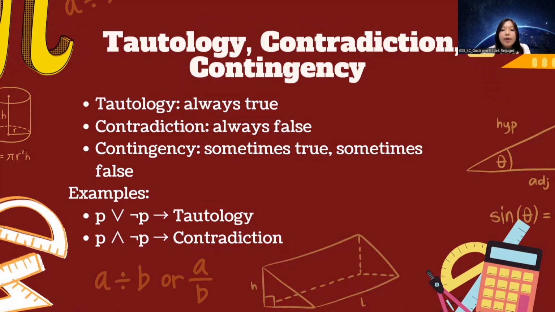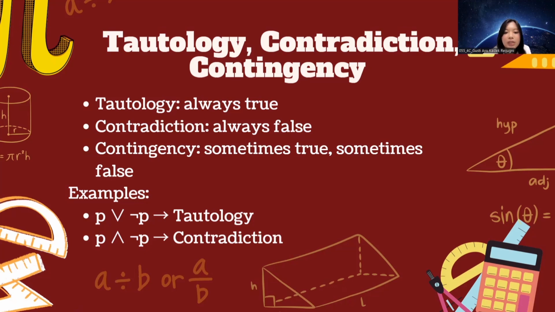Now we have three important concepts. A tautology is a statement that is always true. Example, P or not P. No matter what happens, this statement is always true. A contradiction is a statement that is always false.